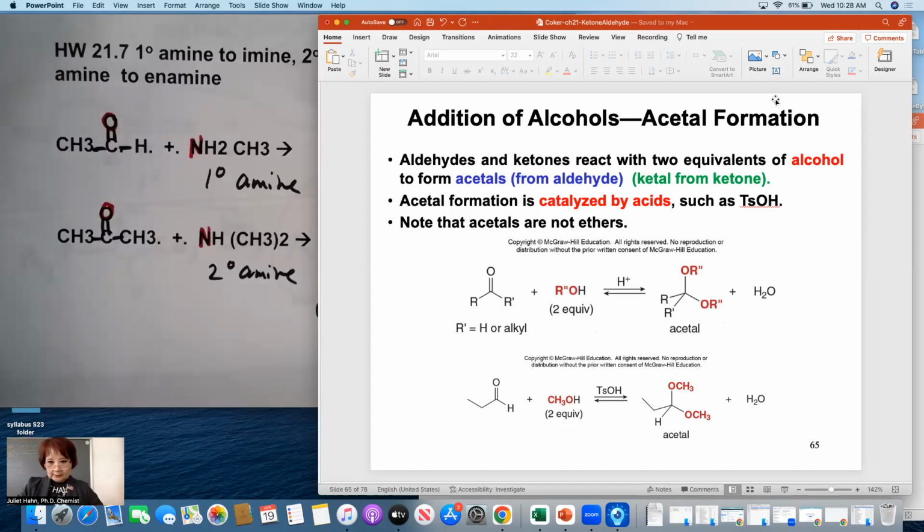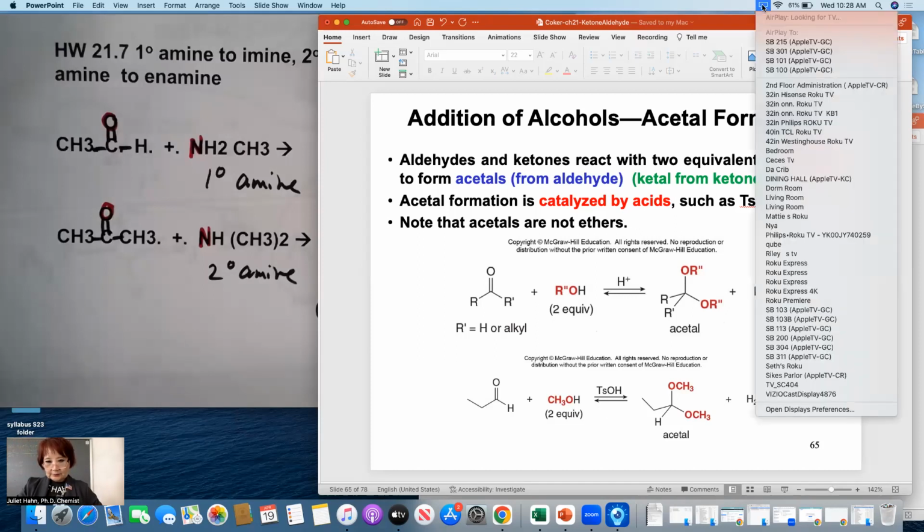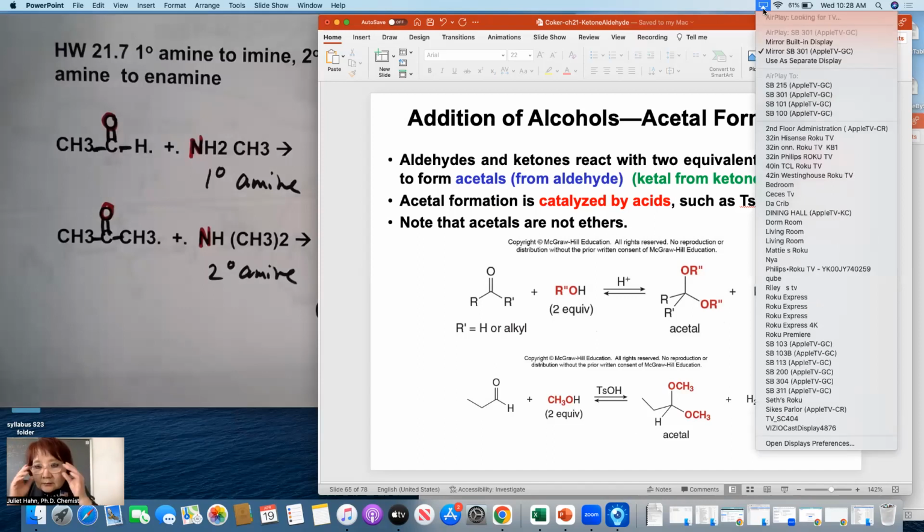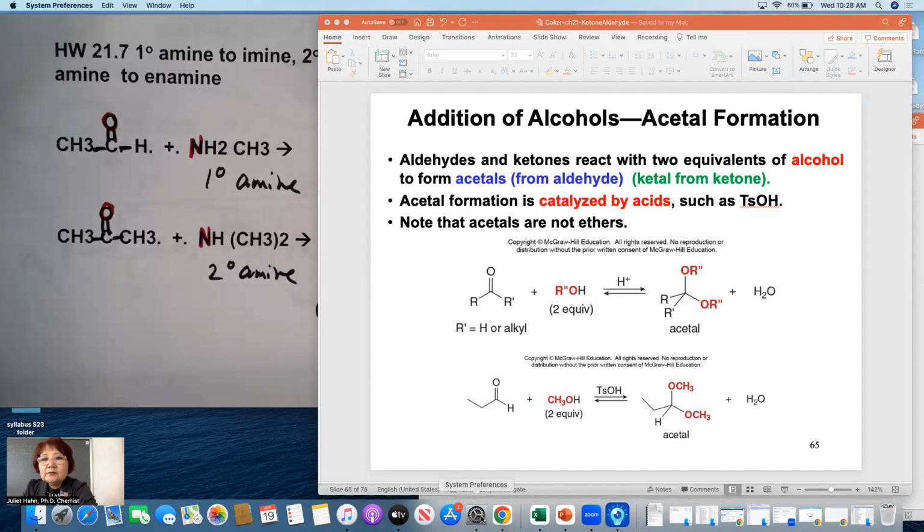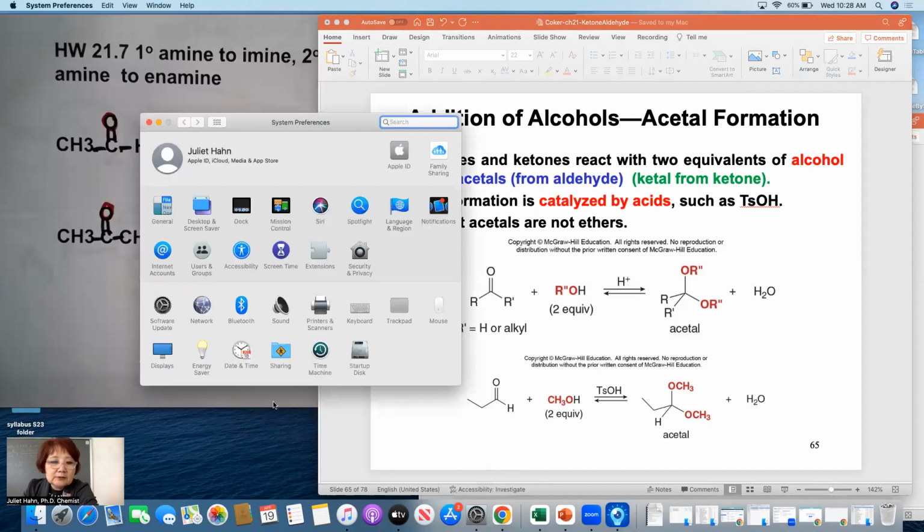Let's see. Oh, goodness. It says looking for TV. Must be a wireless problem. Is my battery running low? No, it's still at 60%.